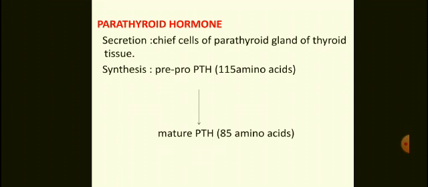Next is parathyroid hormone. Parathyroid hormone is secreted by the chief cells of the parathyroid gland, and it is synthesized in an inactive form, pre-pro-PTH, made up of 115 amino acids. By cleaving this pre-pro-PTH, it is converted into the mature form, which contains 85 amino acids.